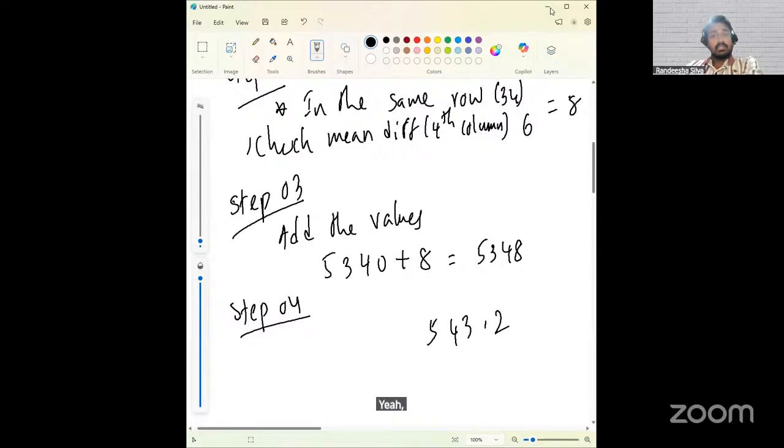There are 3 digits here, so the characteristic is 2, because for numbers greater than 1, the characteristic means the number before the decimal point in the log.